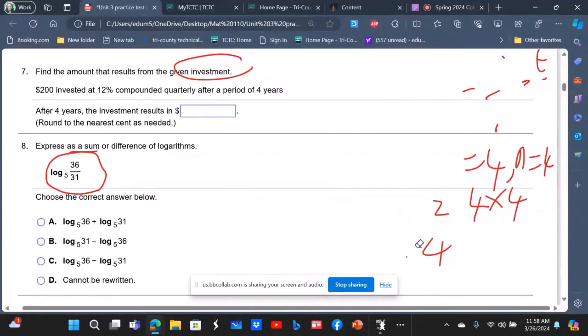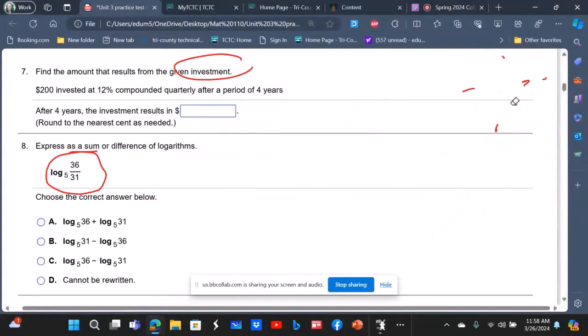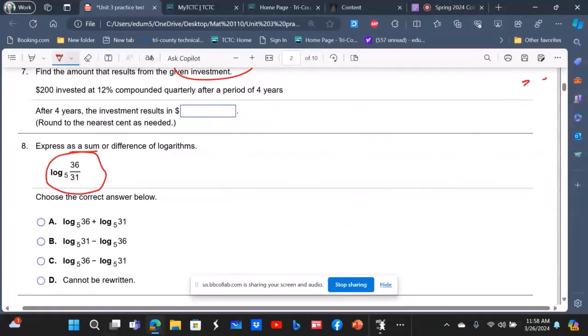If you're not supposed to solve it, that's fine. Then you can expand it if you're told to expand. In this question, I'm told to express as a sum, so let me just express as a sum.